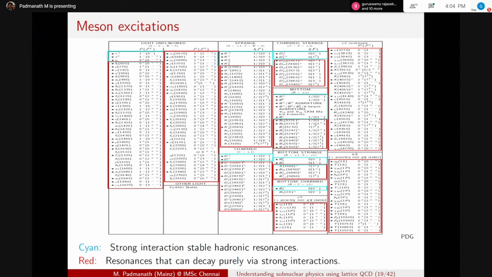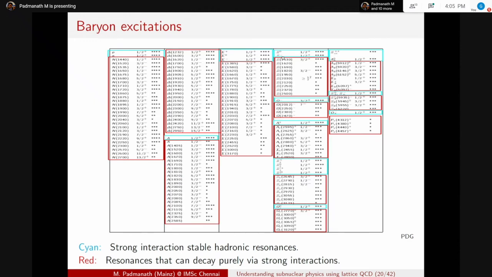All other excitations that are observed are seen purely via strong interactions. This is very crucial for a later part of the discussion. But the main message here is that we are really not done with the spectrum, because there are many excitations that are still to be extracted from first principles.